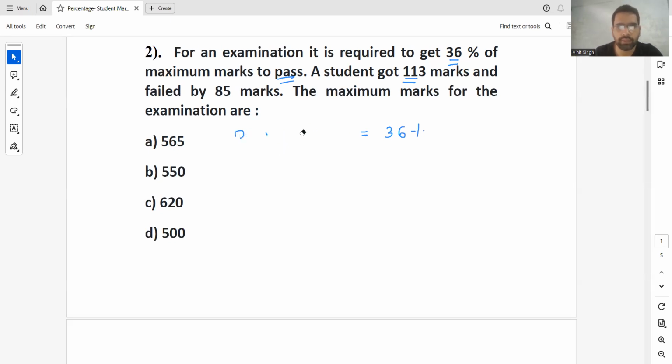The student gets 113 marks and fails by 85 marks. If he gets 85 marks as a grace, then he will pass the examination. So 113 plus 85 is equal to 198 marks.